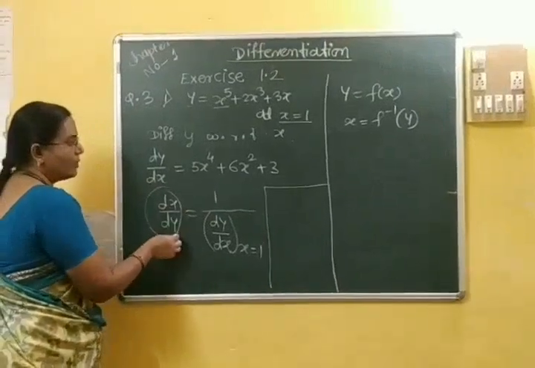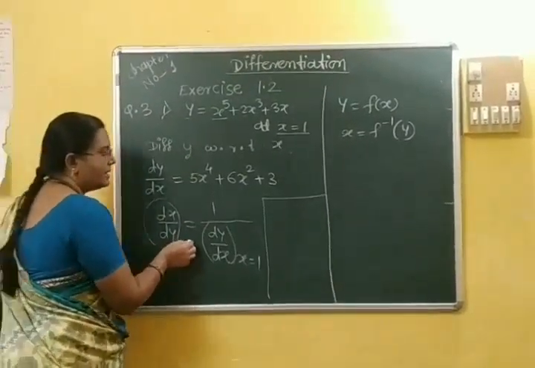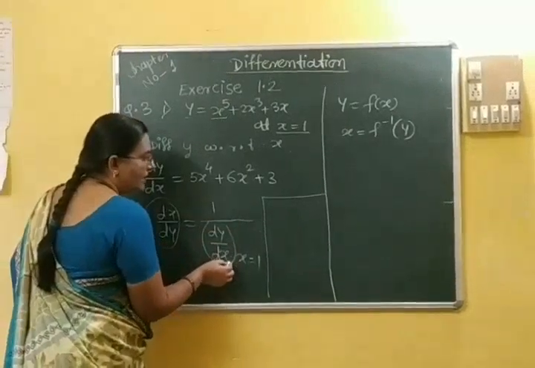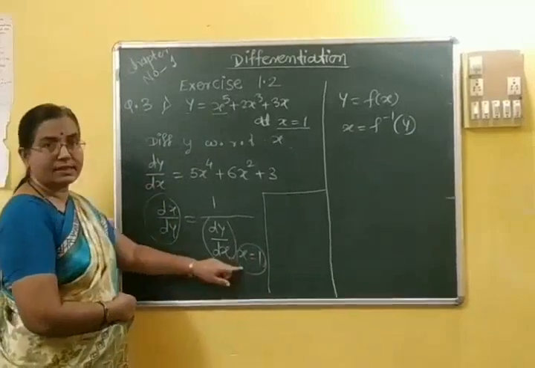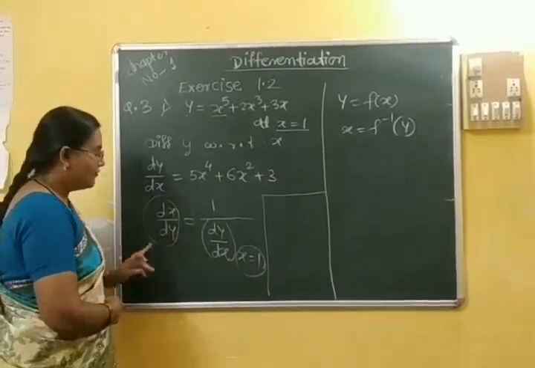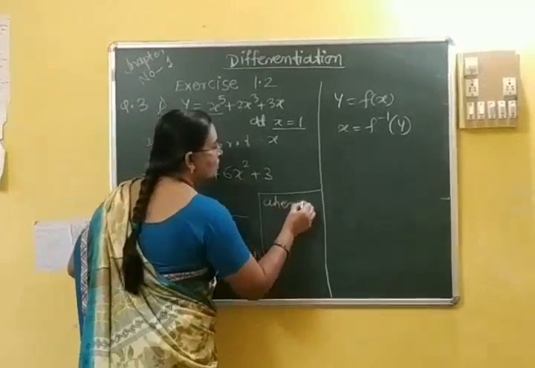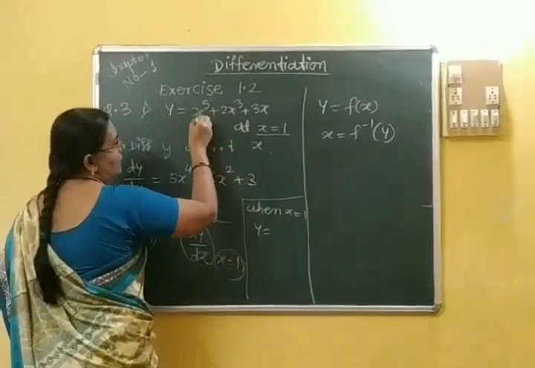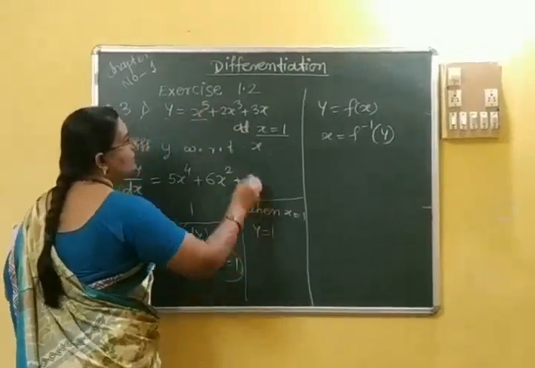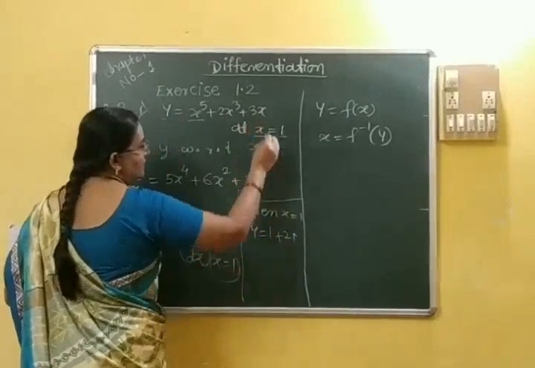dx upon dy is the derivative of the inverse function, and it is equal to 1 upon dy by dx, and the value is given at x is equal to 1. Therefore, what is the value of y when x is equal to 1? When x is equal to 1, y is equal to 1 raised to 5, that is 1, plus 2 into 1 raised to 3, that is 2, plus 3 into 1 is 3.